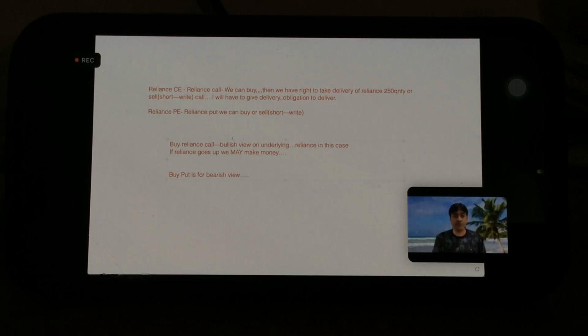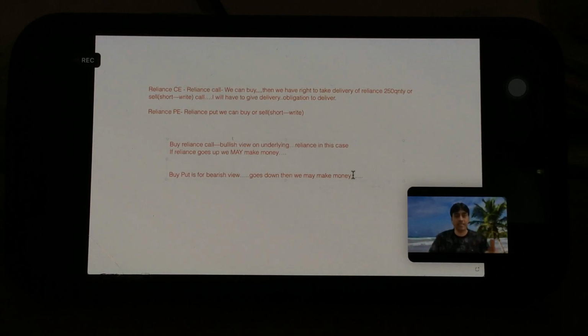So if you have purchased put, this is for newcomers, if you have purchased put of Reliance and if Reliance goes down, then we may make money, right? So the premium amount which we have paid will increase and we might make money if Reliance goes down.